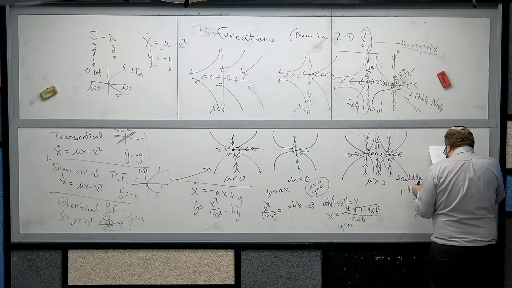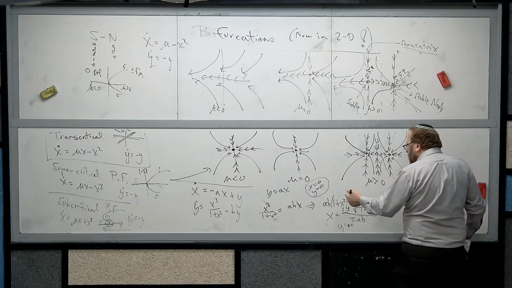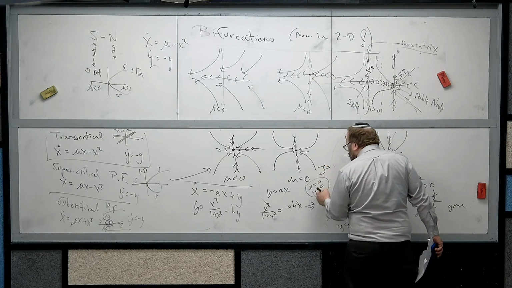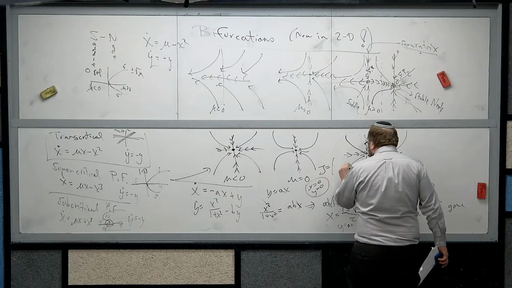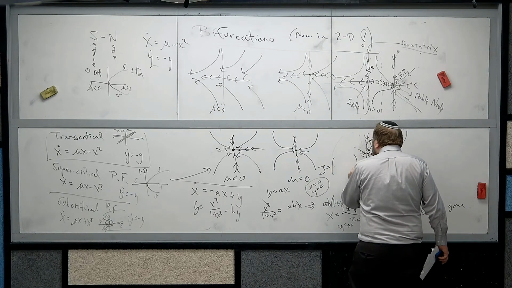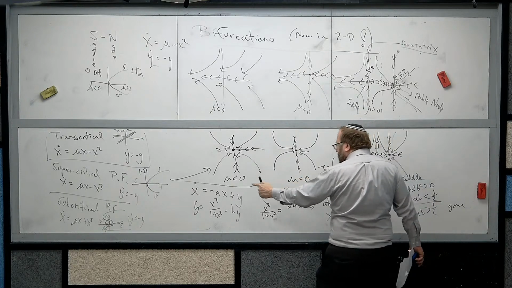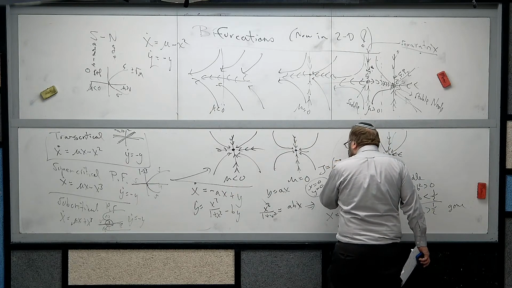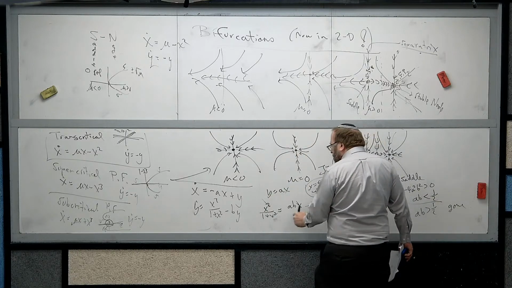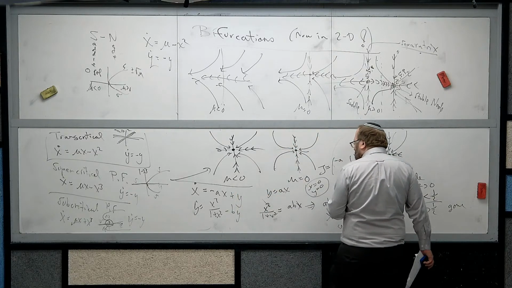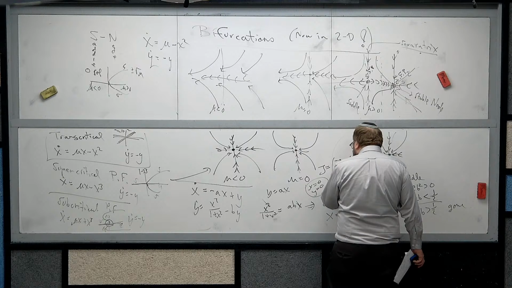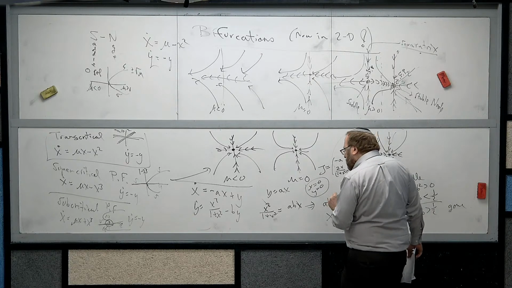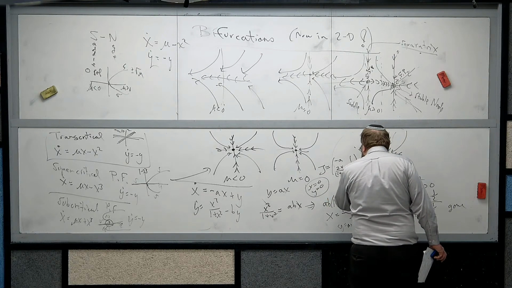And to see what's going on, you first have to look at J of this solution. J, remember, is the matrix of partials. It's dx dot dx, which is minus a, dx dot dy, which is 1, dy dot dx, which is 2x over 1 plus x squared squared, and dy dot dy, which is minus b.